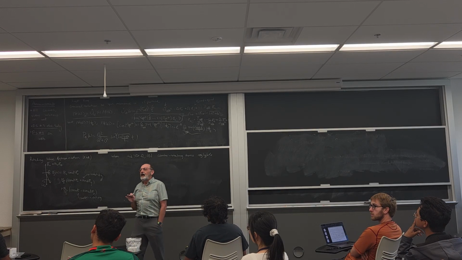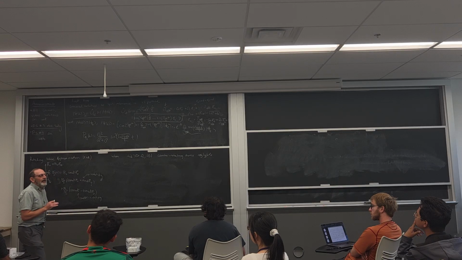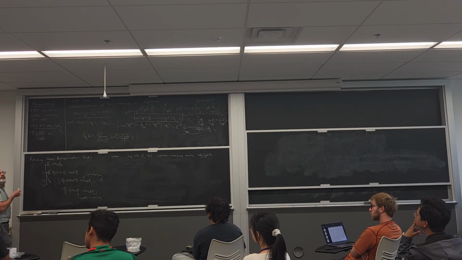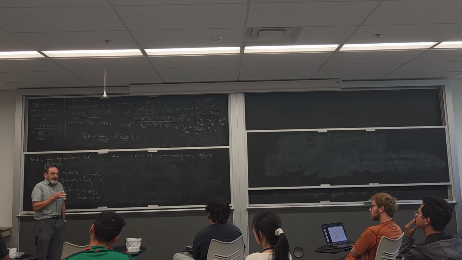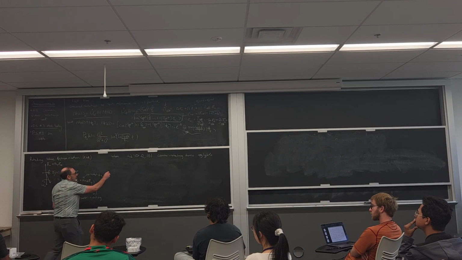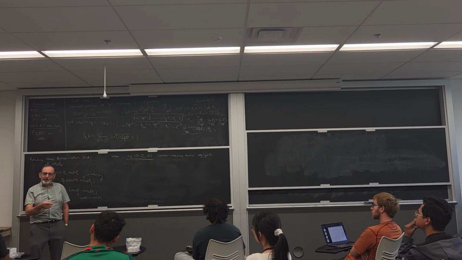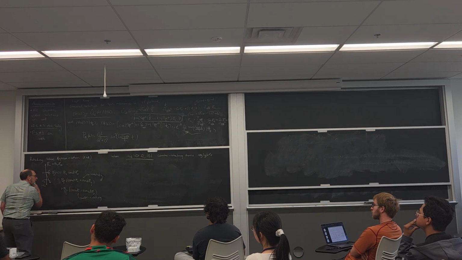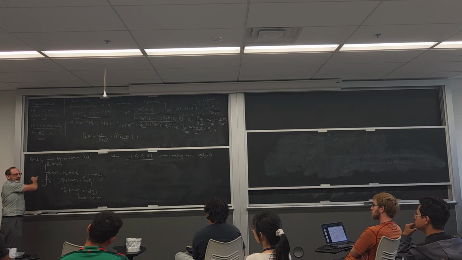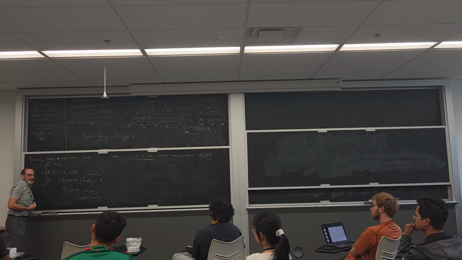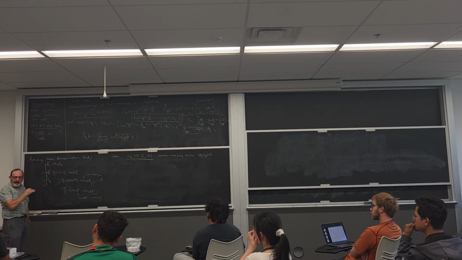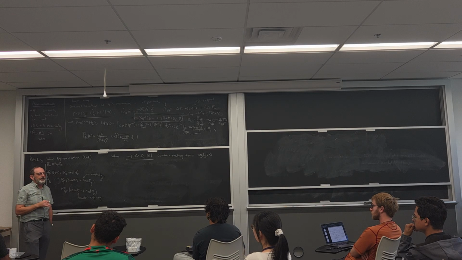But we can solve it approximately if this is true: if the resonance frequency, the frequency at which this thing precesses in the absence of a transverse field, is way faster than the Larmor precession rate, and it's close to resonance.